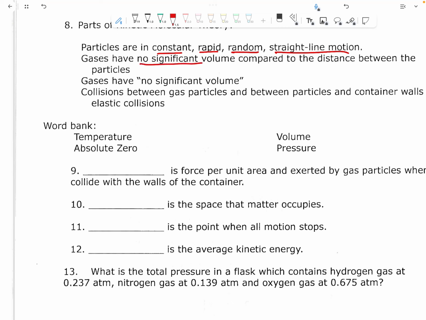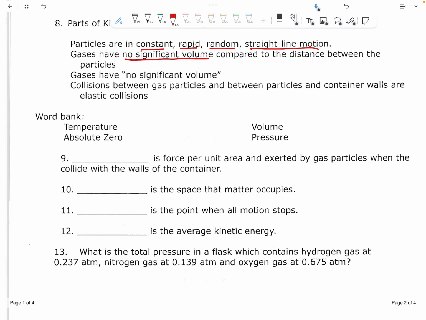Gases have no significant volume compared to the distance between them. They're very, very small, okay? No significant volume. Collisions between gas particles and particles of container walls are elastic collisions. What that means is they don't lose energy, all right? They do not lose energy.